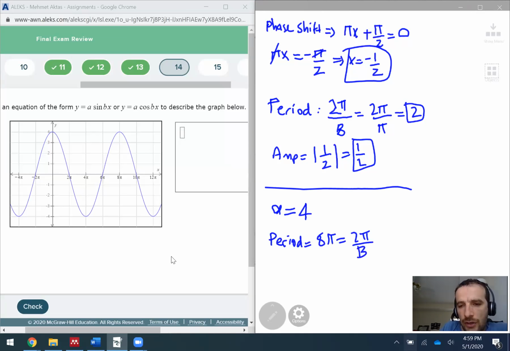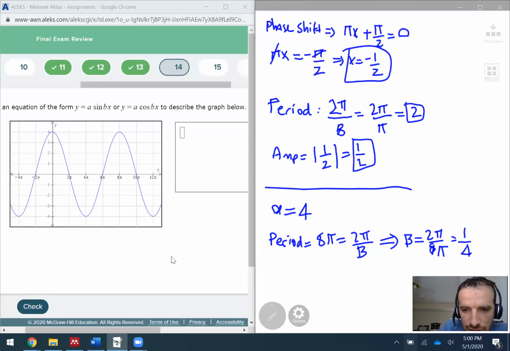If you solve this equation, what do I get from there? If I do cross multiplication, b is equal to 2 pi over 8 pi. This is 8, guys. Yes. If I simplify the pi's and 2 over 8, it will be 1 over 4.